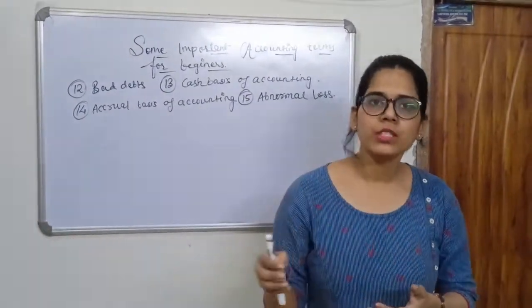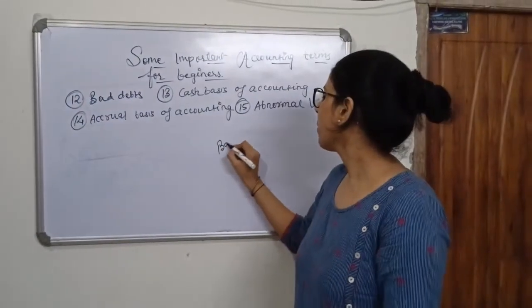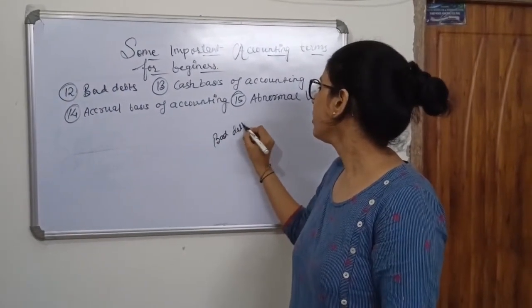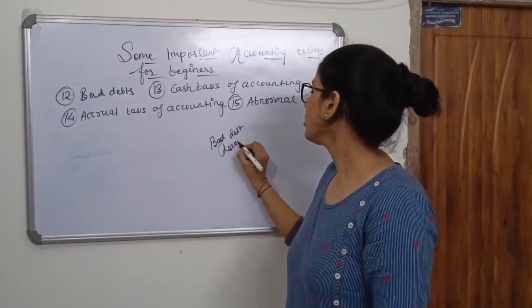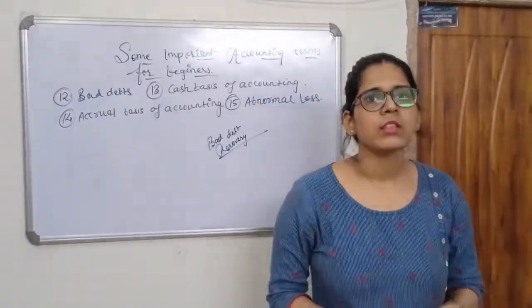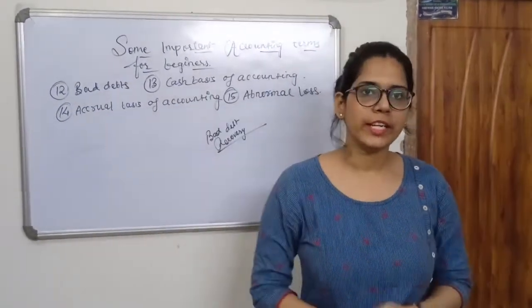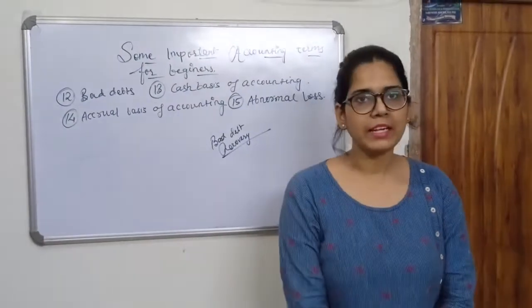Now related to this, there is one more term which we call bad debt recovery. Of course, it might happen that we have considered it as bad debt, but it appears that we are recovering the amount at a later date. Now that is what we call bad debt recovery.